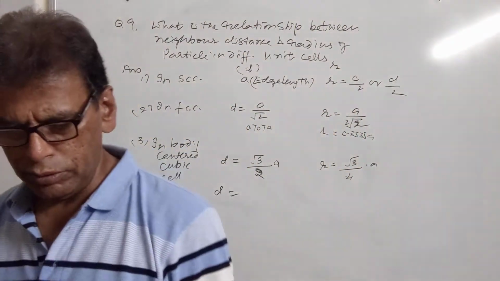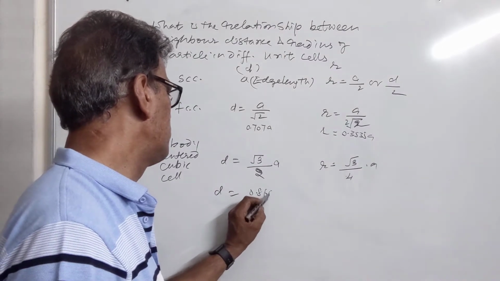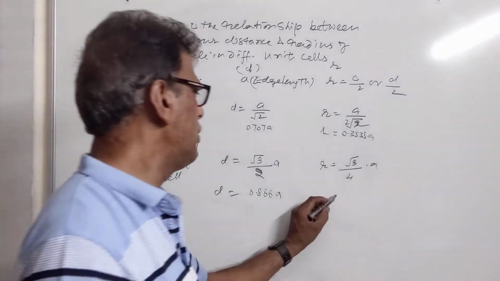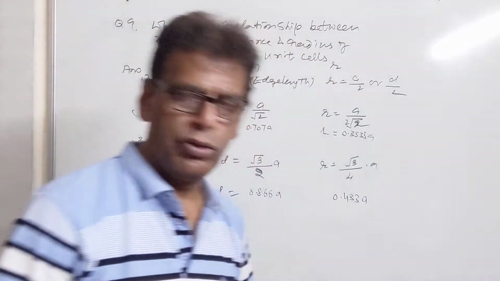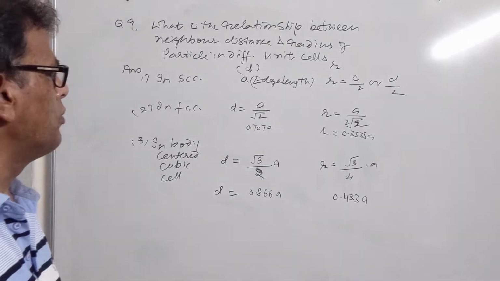Under root 3 upon 2A is 0.866A, and here it will be 0.433A. So these relations are to be kept in mind for solving different numerical problems.